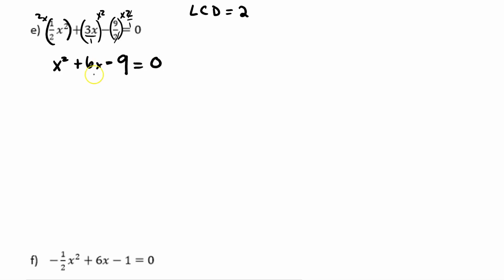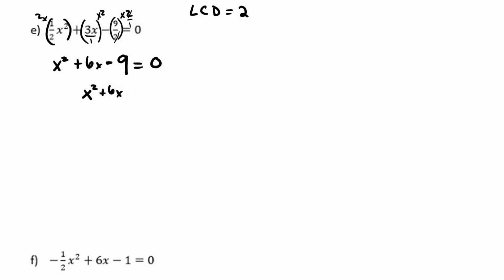Now this one, you might think, oh, that kind of looks like a good perfect square trinomial, but take a closer look at it. Two numbers that have to multiply out to -9 but add to +6. That's not quite right. So I am going to just isolate the x squared plus 6x.